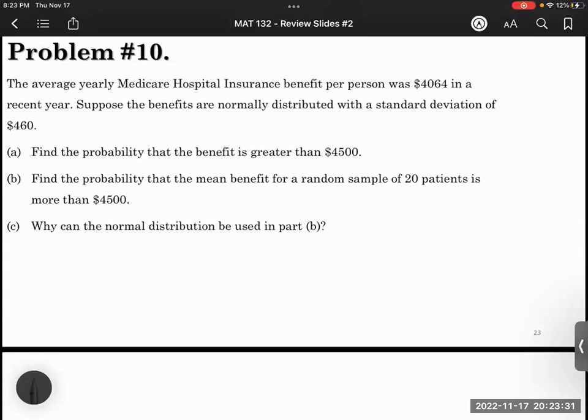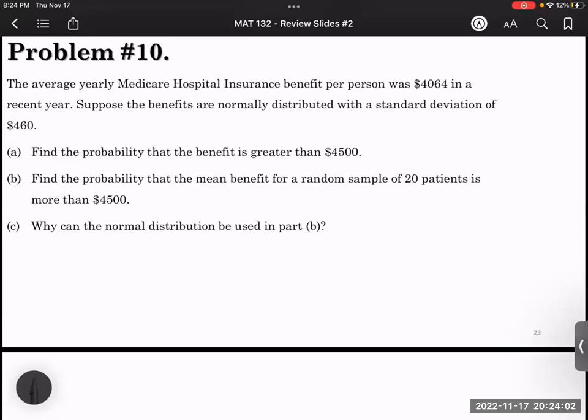Okay, so there's a difference between parts A and B. Part A is asking us to find the probability that the benefit is greater than 4,500. 4,500 here is an individual value, a data value. However, if you look at part B, find the probability that the mean benefit for a random sample of 20 patients is more than 4,500.